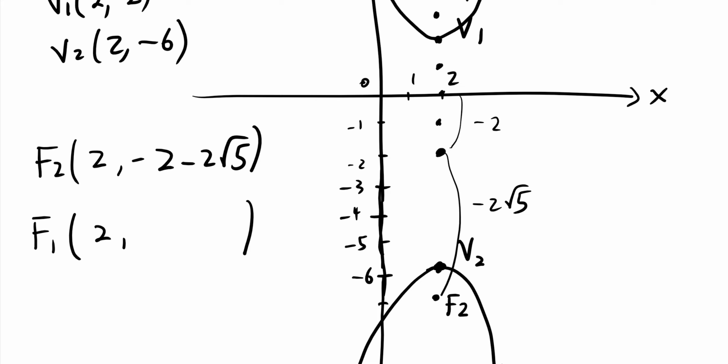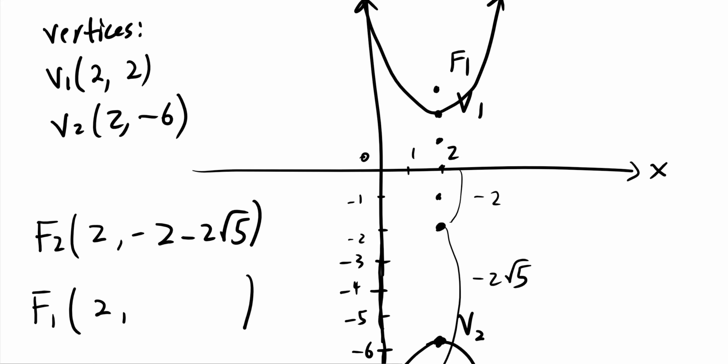For the next one, we went from here 1, 2, 3, 4, and something. So this distance, we need to figure out how far this is above the x-axis. Let me use a different color. From here to here is 2 square root of 5.